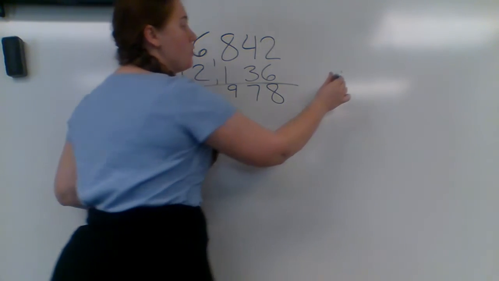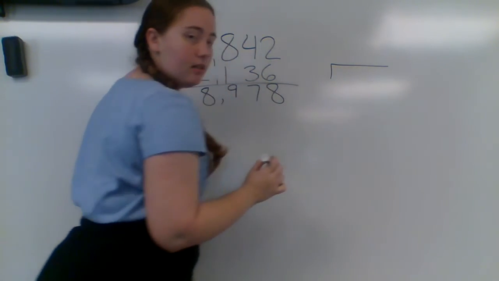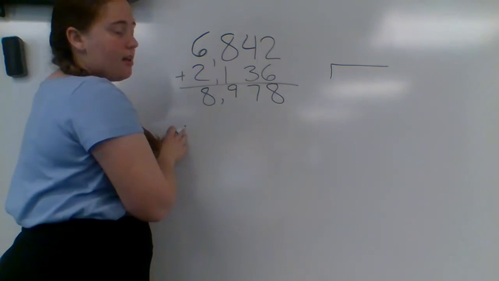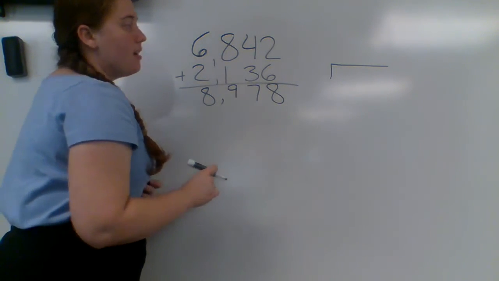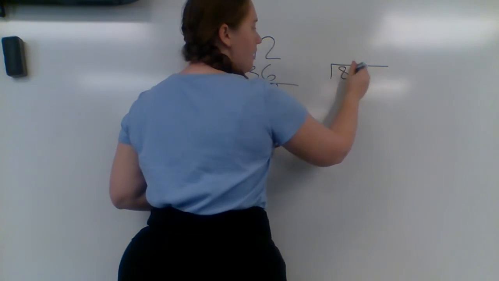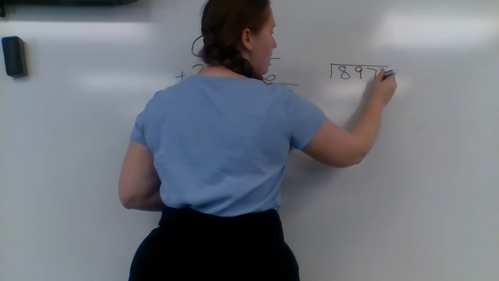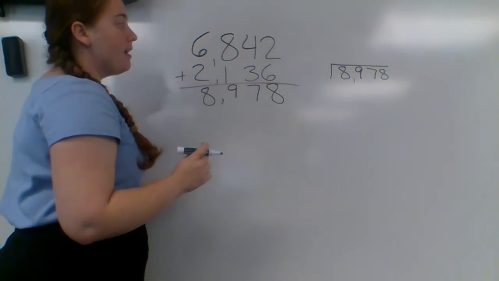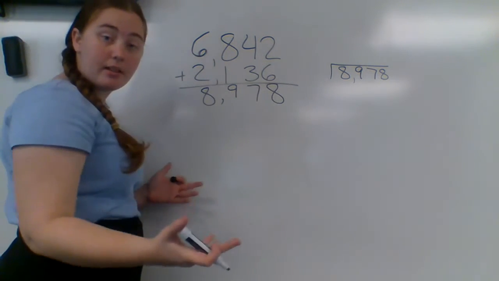My next step is to do some dividing. And I'm going to take this answer right here, 8,978. I'm going to put it over here, 8,978. And I'm going to divide it by how many numbers I added together. And how many numbers did I add together?